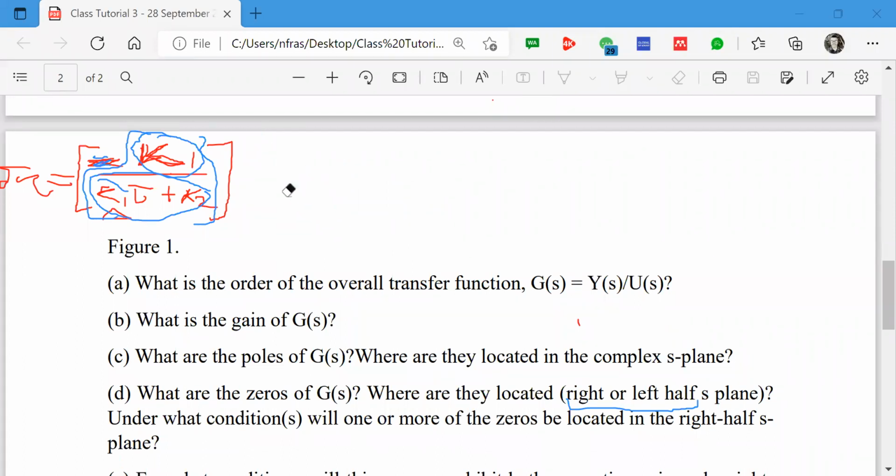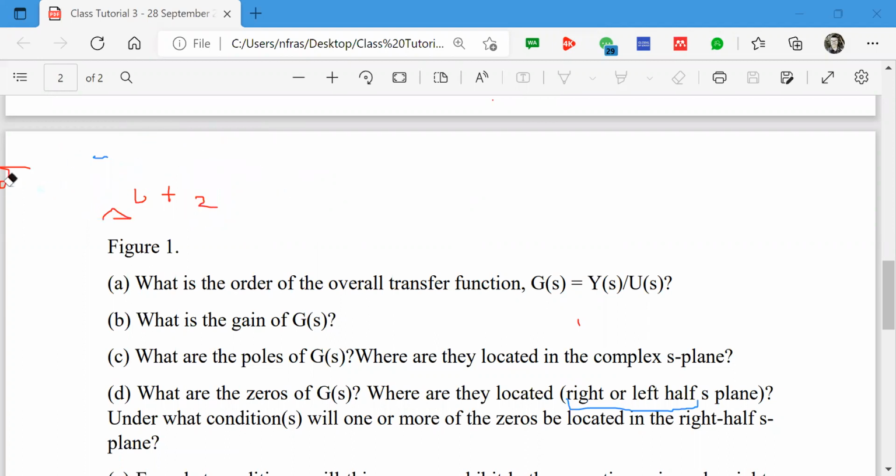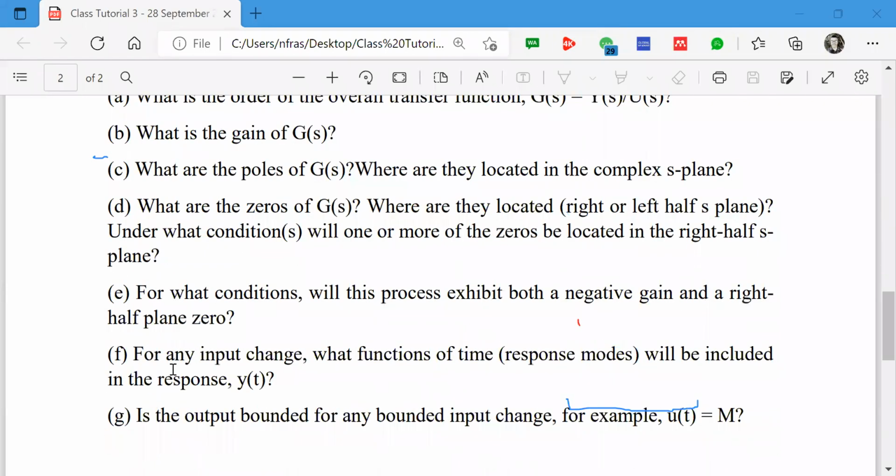examples. All right, so now let's also look at F. With F, it says that for any input change, what functions of time response mode will be included in the response Y at T?